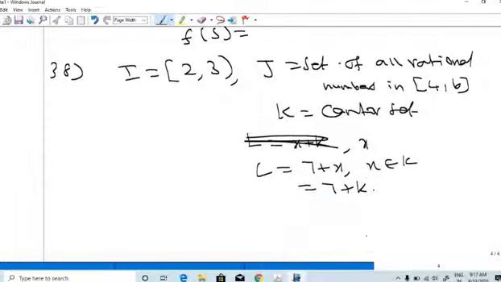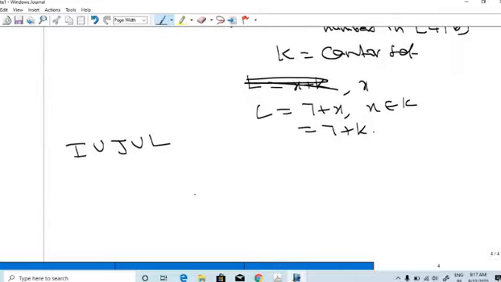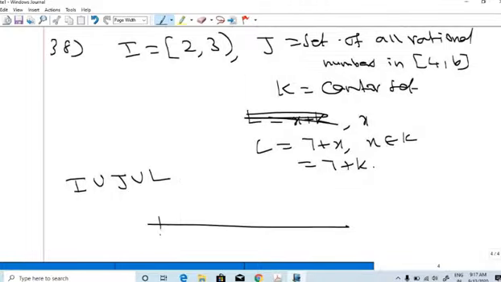Now the question is, what is the measure of I union J union L? Look at this, everything is a disjoint set. If you draw the graph, 0, 1, then 2, 3, then 4, maybe here 6, maybe this is 5. Now the Cantor set K we get from the closed interval [0, 1], therefore K should be inside [0, 1].